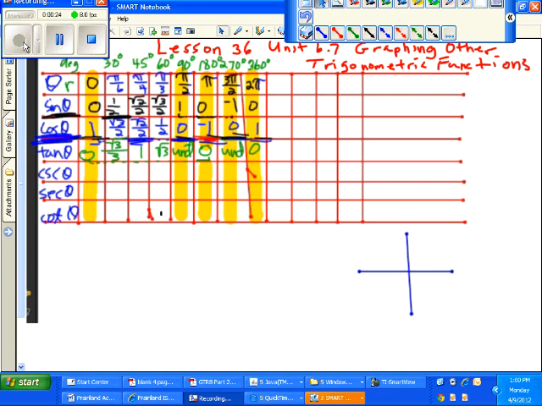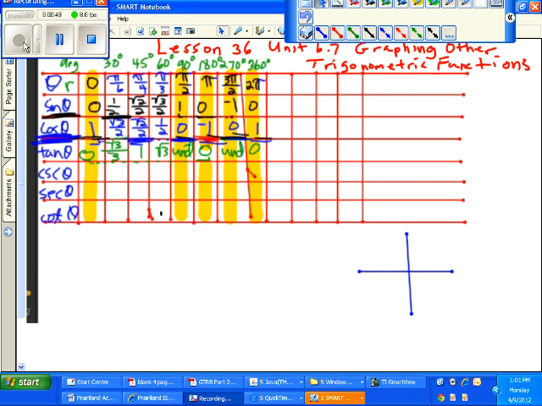We graphed the tangent wave in the introduction to Lesson 36, but we're going to do that again just to kind of lock in that information. We have the memory work from the unit circle that we needed to memorize. We've got 30, 60, 45, 90, 180, 270, and 360, and we have those in terms of pi.